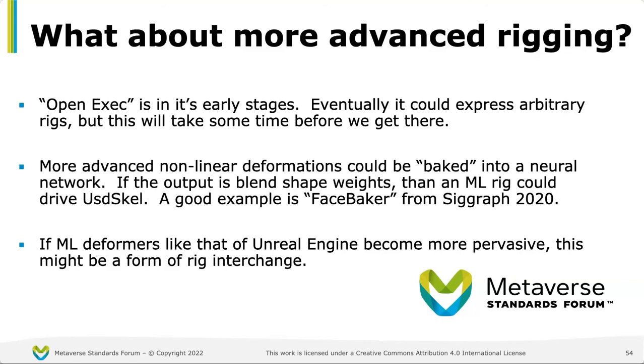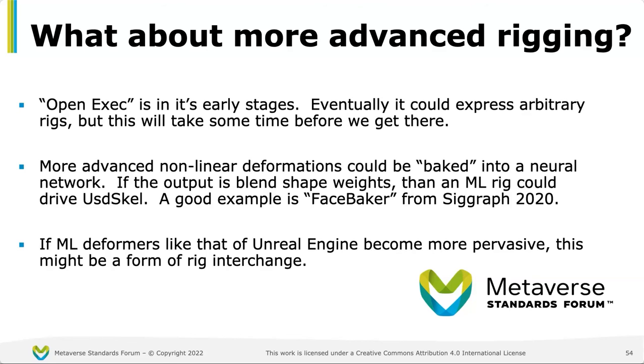Another possibility is, like that FaceBaker stuff I mentioned, neural networks are ways to express arbitrarily advanced rigs that can be run on many systems using inference. So you can think of a neural net as potentially being more affordable than the original production rig. And we're already seeing examples like the ML deformer in Unreal Engine that are building on this concept.